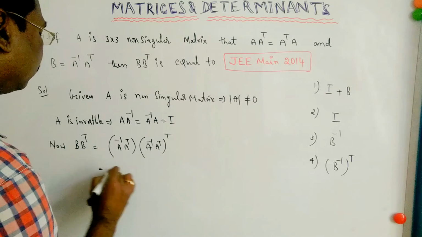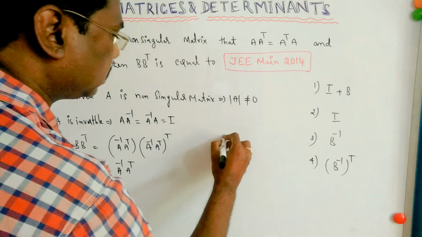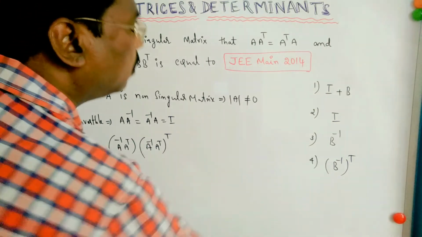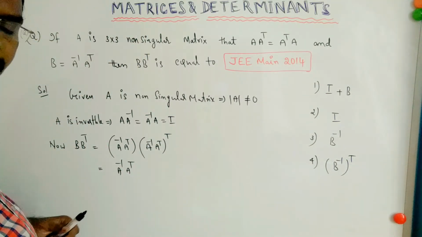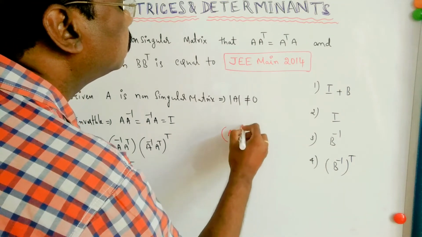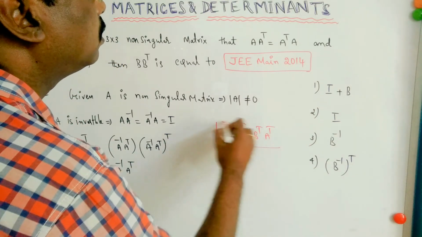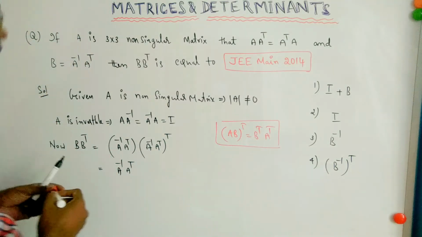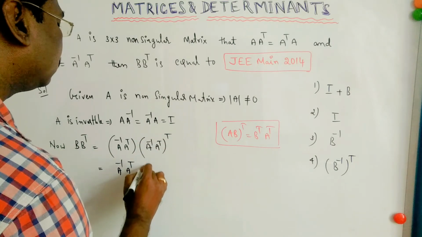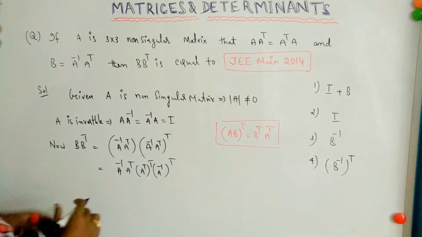Now AB whole transpose equals B transpose into A transpose. So this becomes A inverse into A transpose into A transpose whole transpose into A inverse whole transpose.